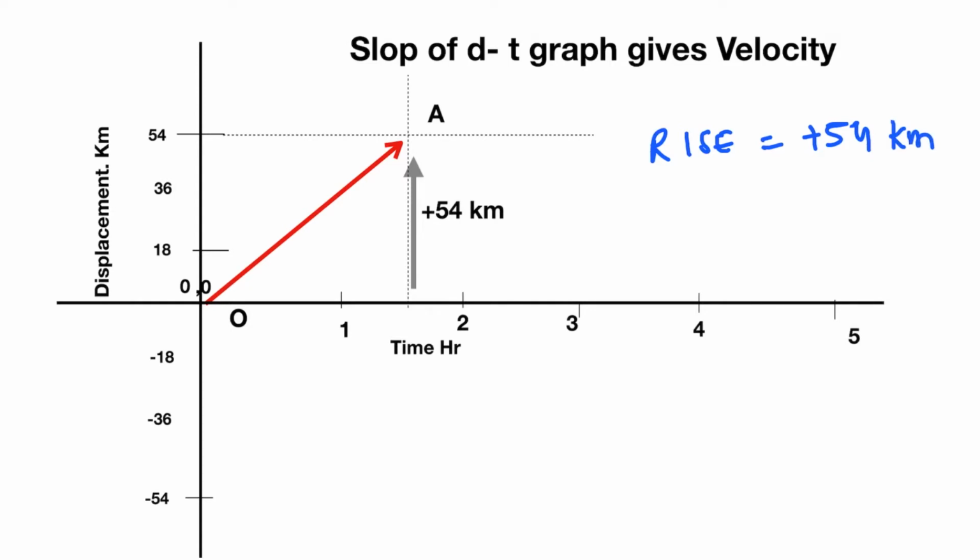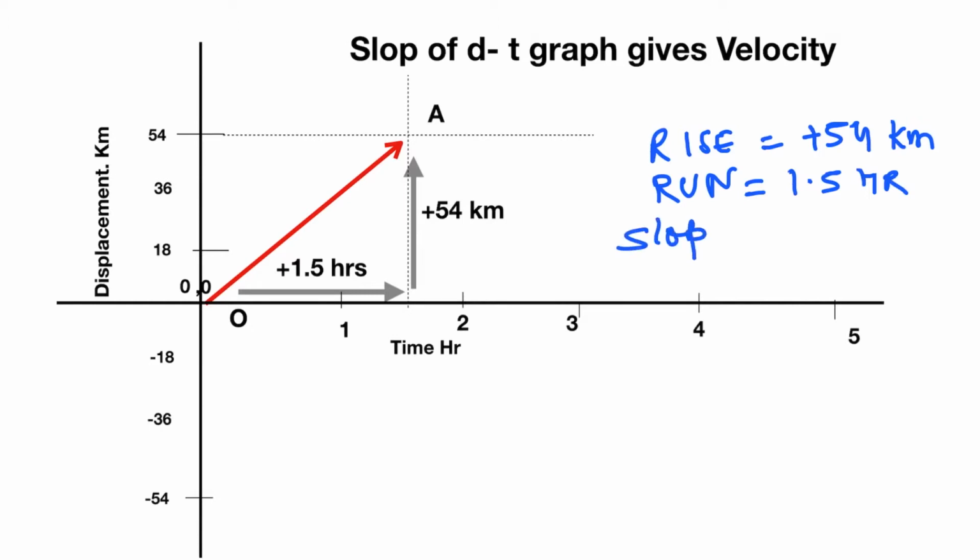And what about run? Run is on the x-axis, which is related to your time. You have covered 1.5 hours. So run is your 1.5 hours, as you covered the distance of 54 km in 1.5 hours. So the slope of this line is plus 54 divided by 1.5, and this becomes plus 36 km per hour.